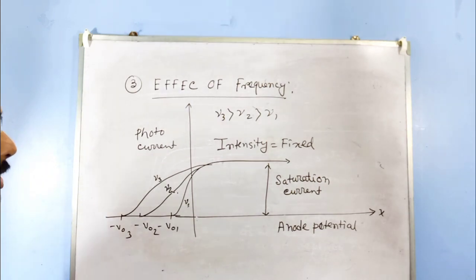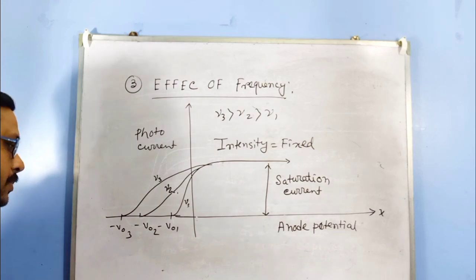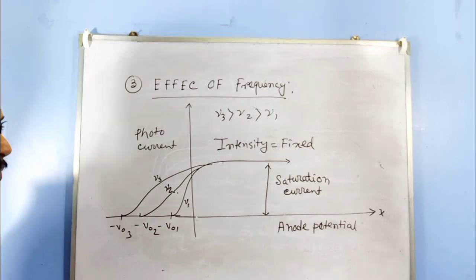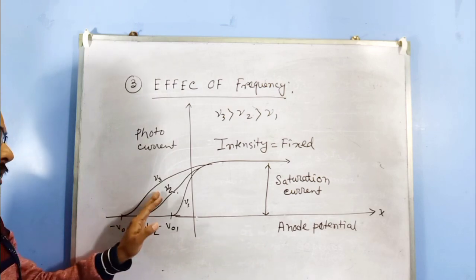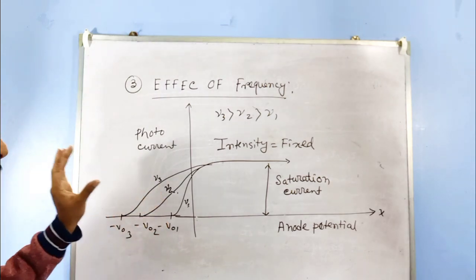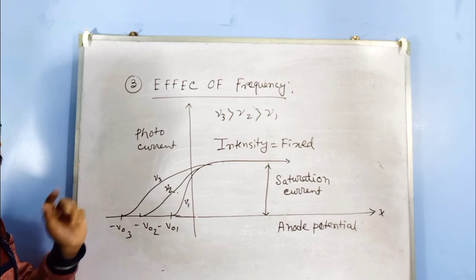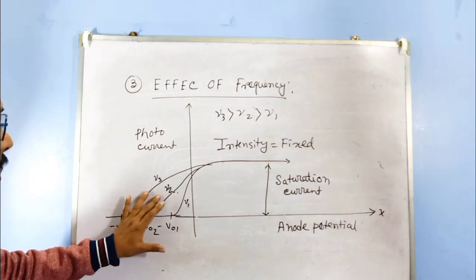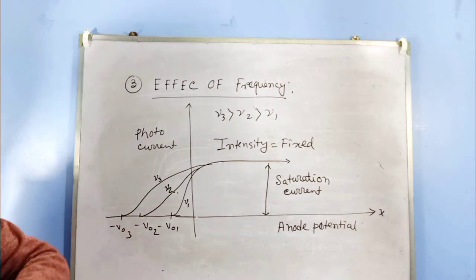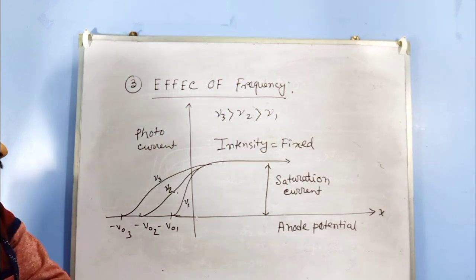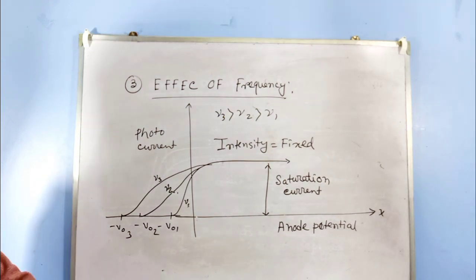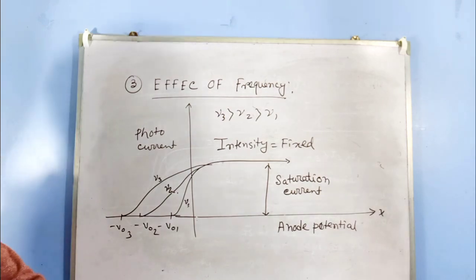This frequency is called the threshold frequency, and it depends on the frequency of the incident light. Photocurrent depends on its frequency. Below the threshold frequency, no photocurrent will be emitted.